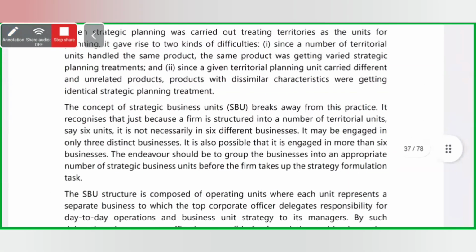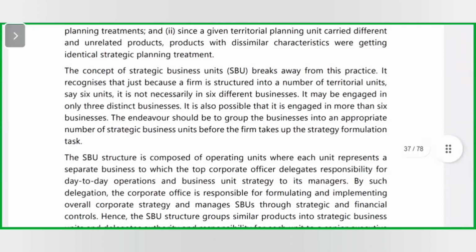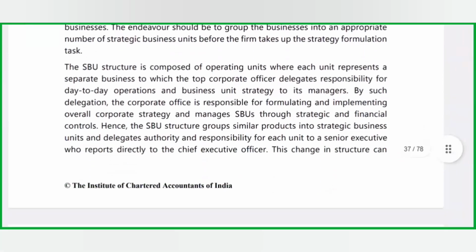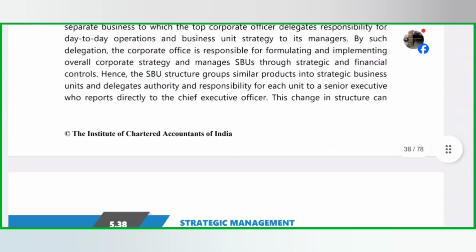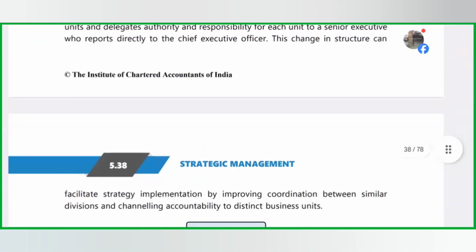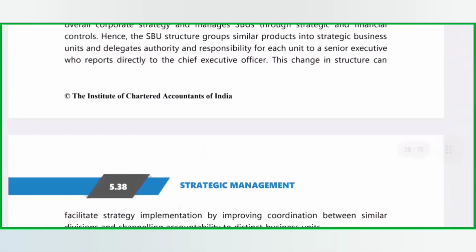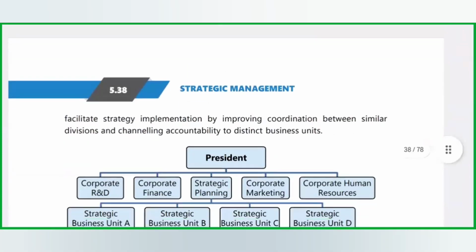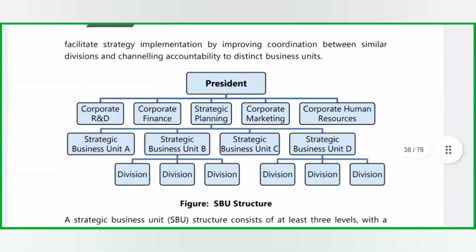So the concept of strategic business unit breaks away from the territorial planning which was earlier done for unrelated products. It is composed of operating units, where each unit represents a separate business. And again, these senior executives report directly to the chief executive officer. So this is the structure.